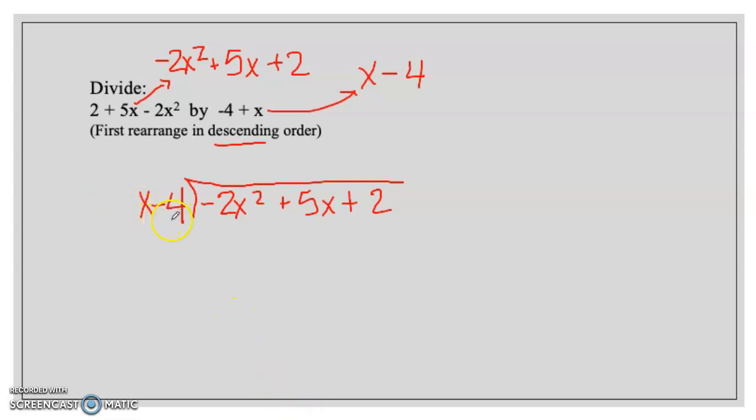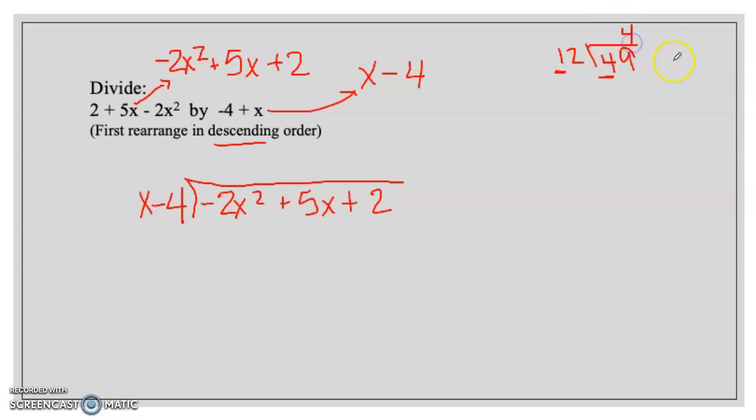First, we take this x minus 4 and think, how many times does it go into the first 2 terms? Negative 2x squared plus 5x. I am pretending this positive 2 is not there for a minute. If I had 12 divided into 49 a minute ago, to estimate, I could think, how many times does this first number go into this first number?